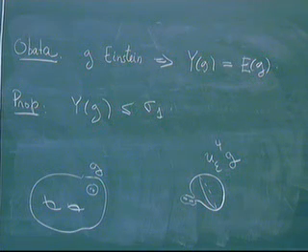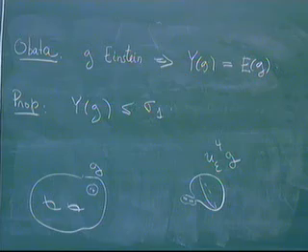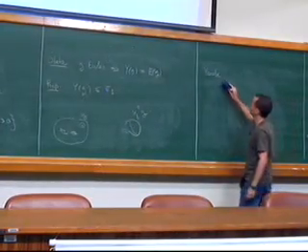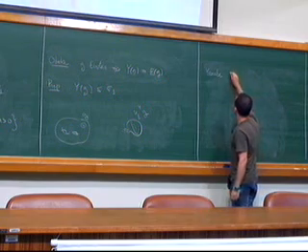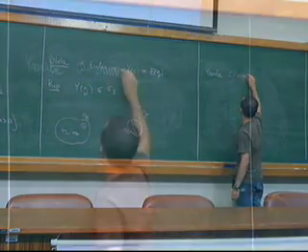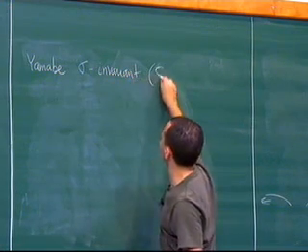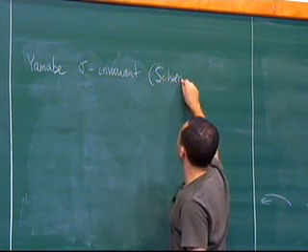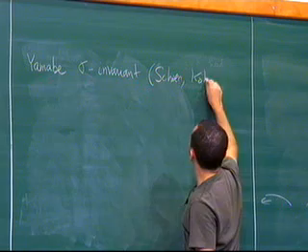So the Yamabe, let's see. Let me call it the sigma invariant, which was considered by Schoen and also Kobayashi.